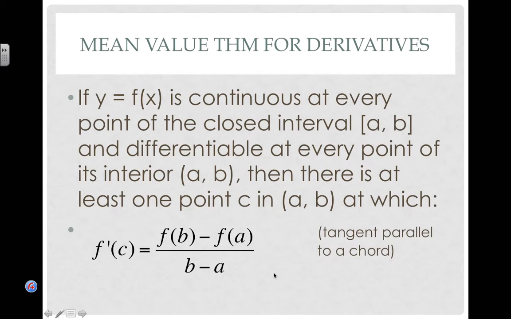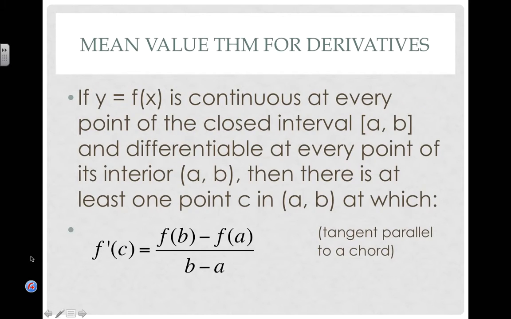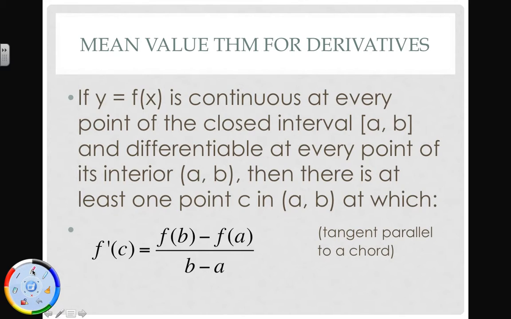So if we had some sort of, I gotta get my pen, don't I? All right, so this is basically saying if I had some function, we can deal with quadratics pretty easy, and we say that this is a closed interval from A to B, we could say there's some point on this line.